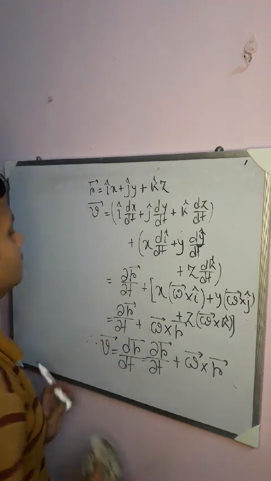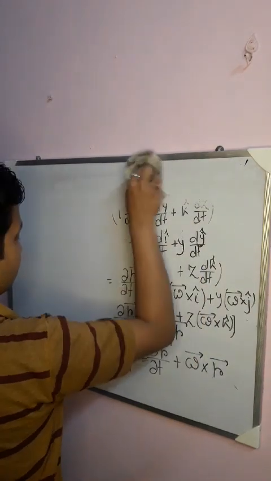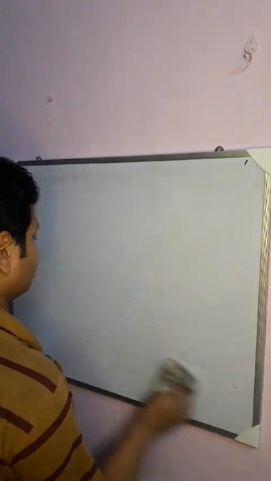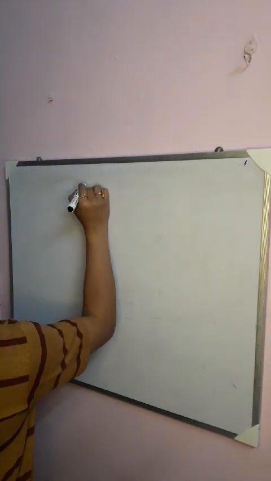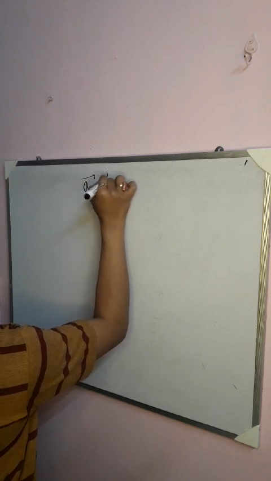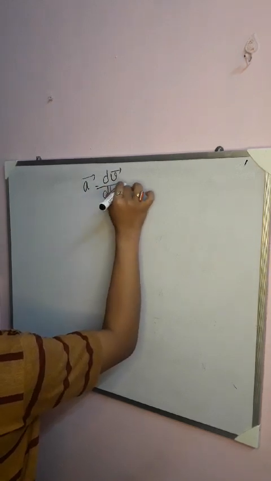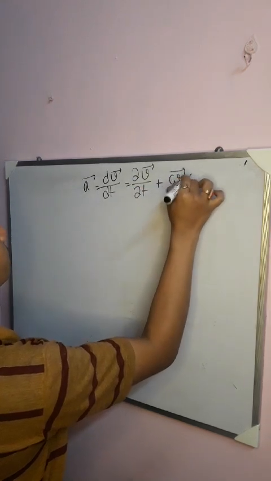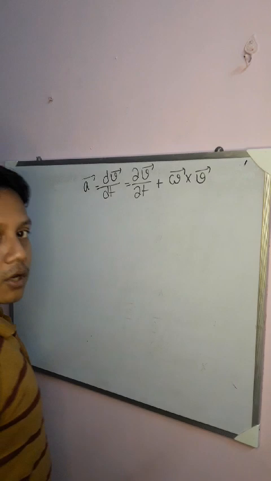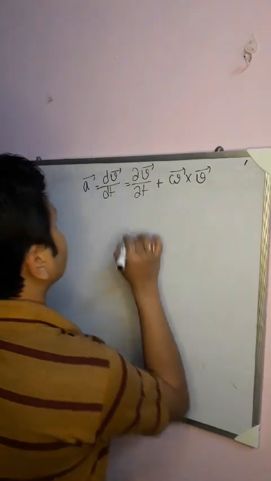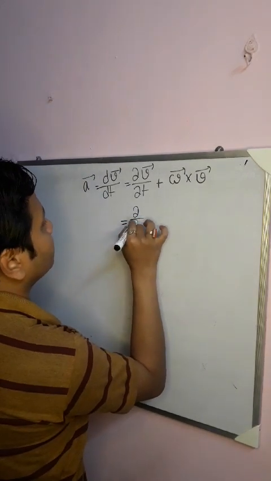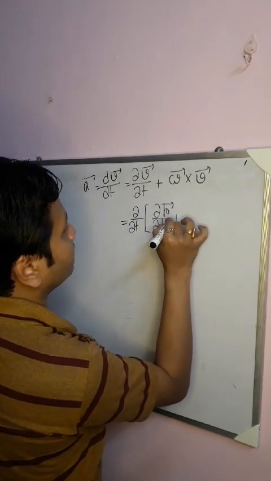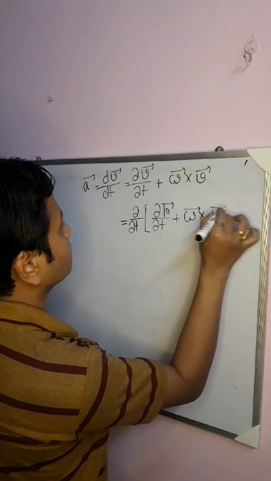So what will be the acceleration? What should be the acceleration of the particle relative to S frame? Similarly, if you consider this, you can write dv/dt. So this simply you can write as del v/del t plus omega cross v, with similarity from the previous equation. And what is v? v means dr/dt, that means del r/del t plus omega cross r.